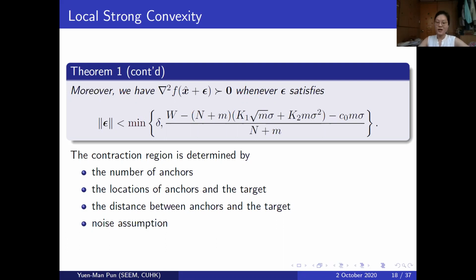Okay, so it turns out that to prove the local strong convexity and also the strong convexity region, we can use one proof to prove both things.